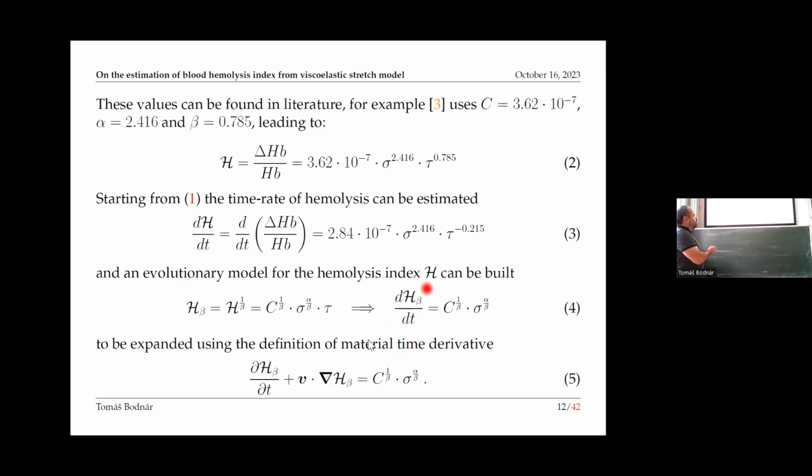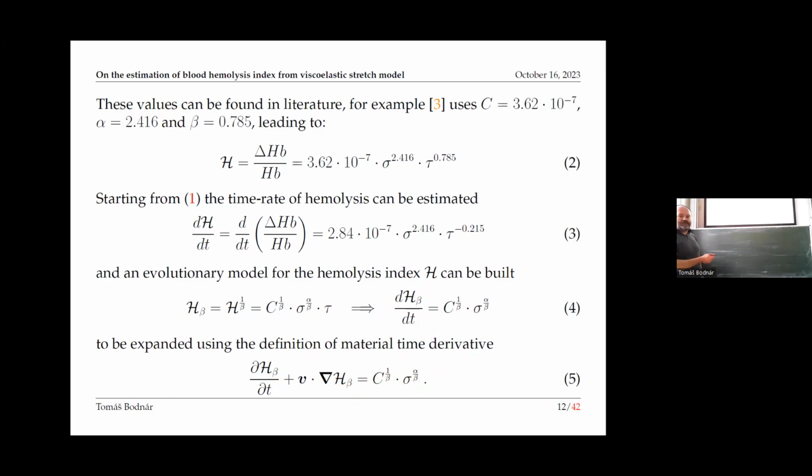And then you will just replace this material time derivative by this expansion for your flow field. So in fact, you will get a transport equation for this hemolysis index with some source term that depends locally on the local scale and measure of stress. So this is the most primitive model. How can you get the assessment of the hemolysis index based on your local velocity field?